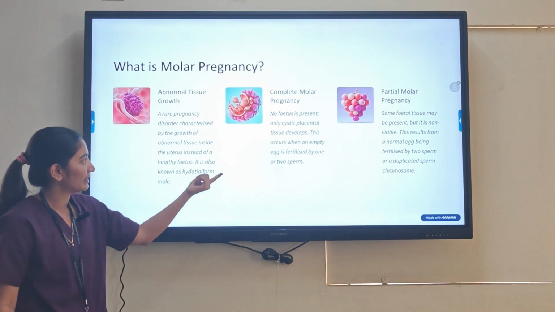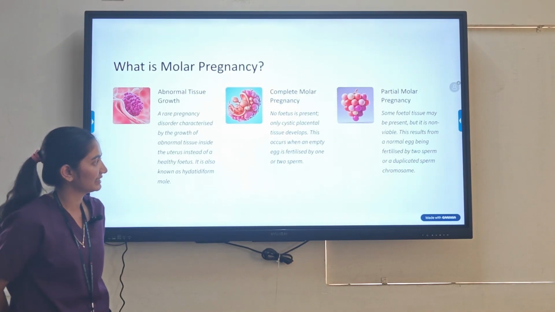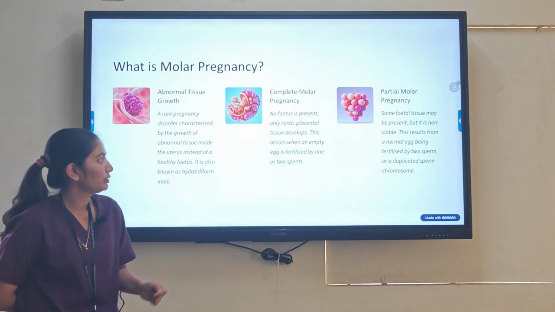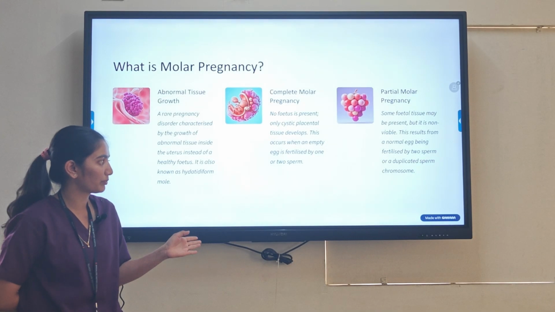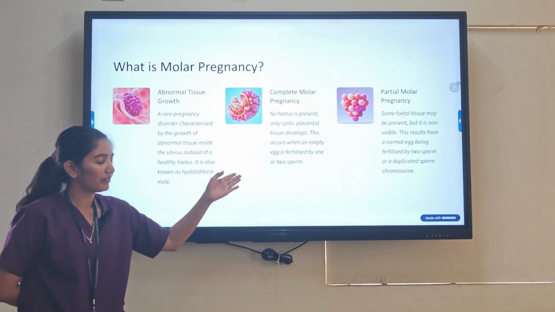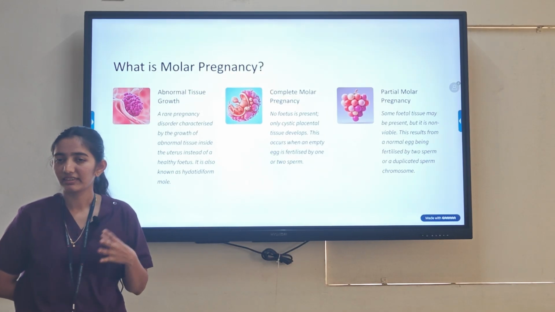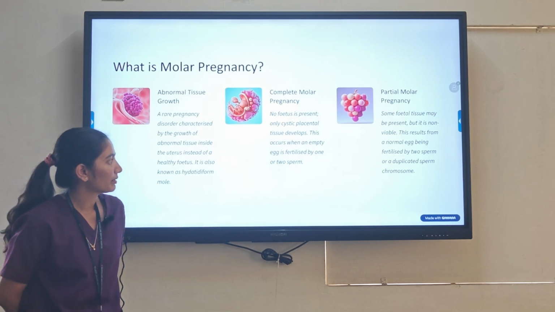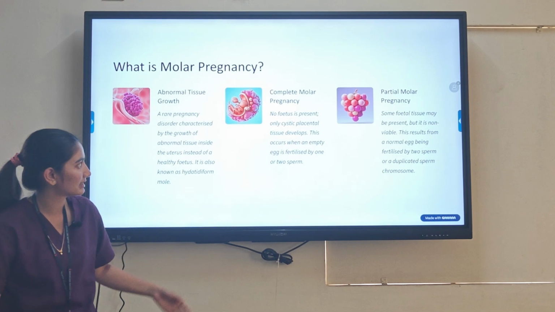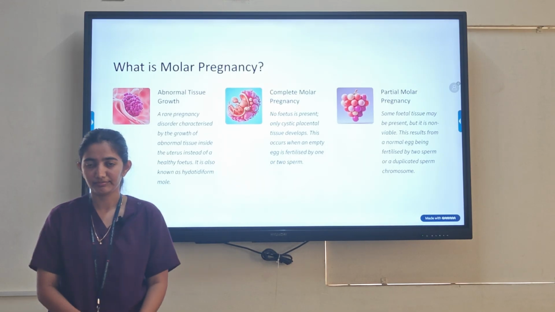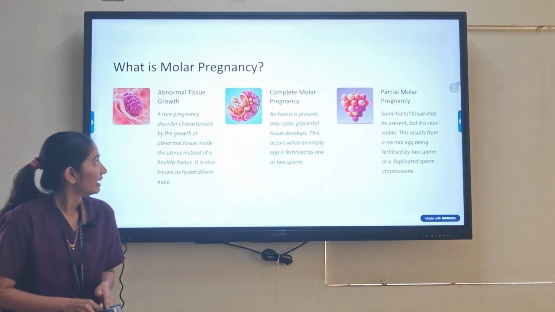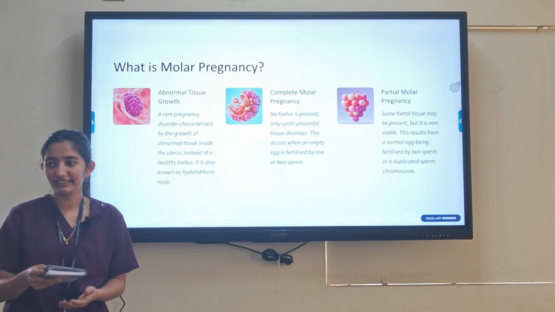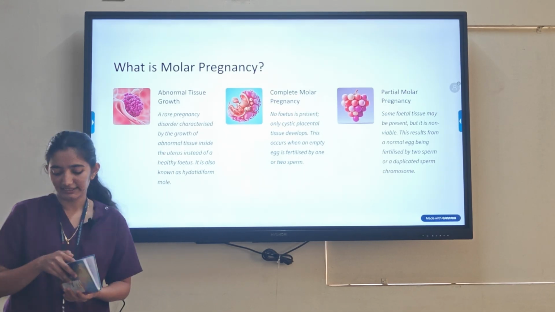Partial molar pregnancy results from a normal egg being fertilized by two sperms or a duplicated sperm chromosome. Here the egg has maternal DNA and is fertilized by two sperms, and then partial molar pregnancy may occur. Complete molar pregnancy is seen more commonly than partial molar pregnancy.